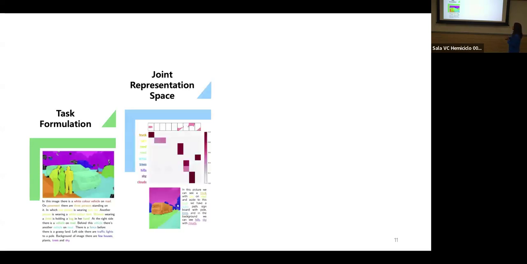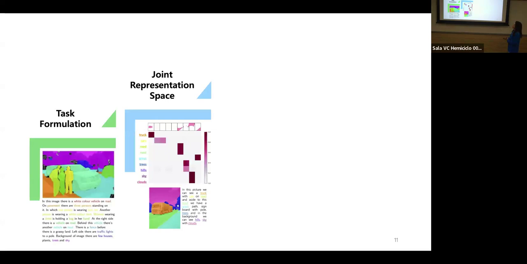So rather than tackling the problem of open-ended visual recognition all at once, my thesis follows a progressive approach. The first thing that we did was focus on task formulation. In this case, we propose a task formulation that enables us to study the problem of learning a joint space between vision and language, while preserving the spatial localization and the semantic detail in the task.